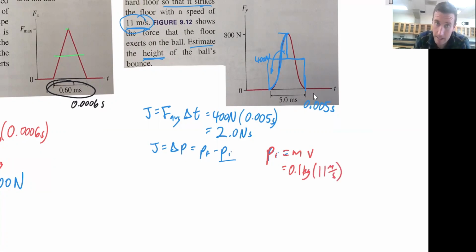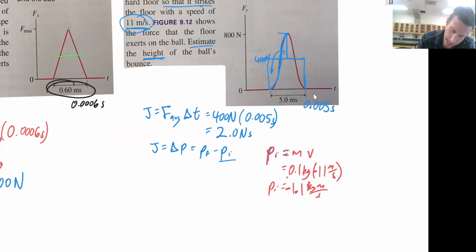That was my starting velocity. That gives me an initial momentum of 1.1 kilogram meters per second, but it's going down. So that has to be a negative 11, which makes that a negative 1.1.